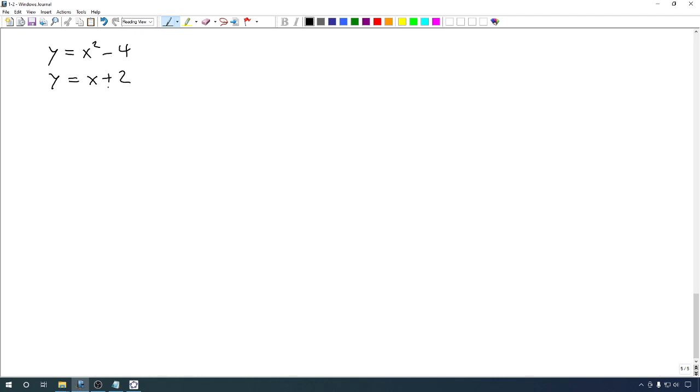Because we know the y values have to be the same thing, and so whatever we have equal to that y also has to be the same thing. So we essentially get to set the two equations, or the two formulas in x, equal to each other. You have x squared minus 4 is equal to x plus 2.